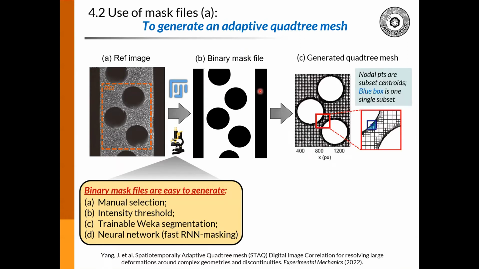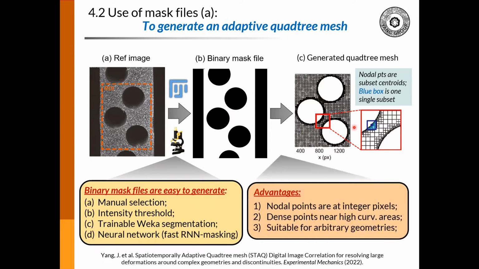So you can automatically generate a quadtree mesh. The mesh follows the shape and the geometry of the specimen. There are a few benefits for this mesh. First of all, the nodal points are at the integer pixels because this is a quadtree, and each element is a square shape, right?